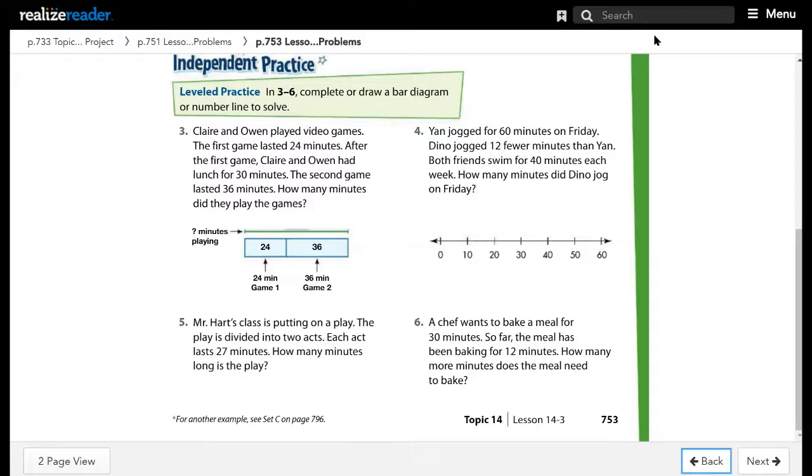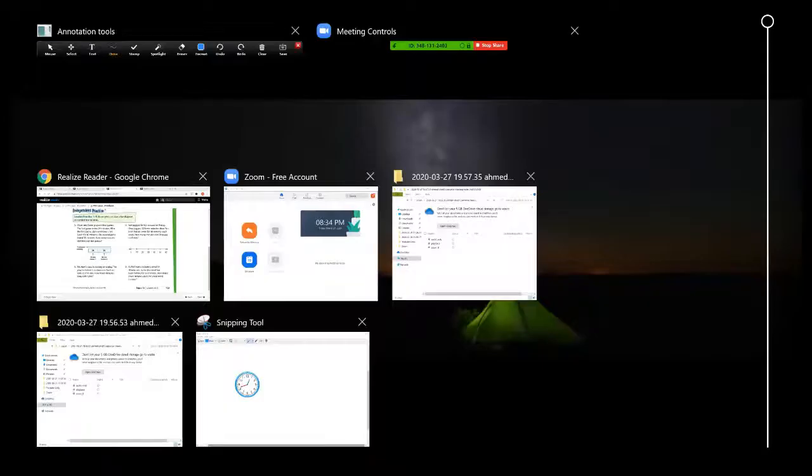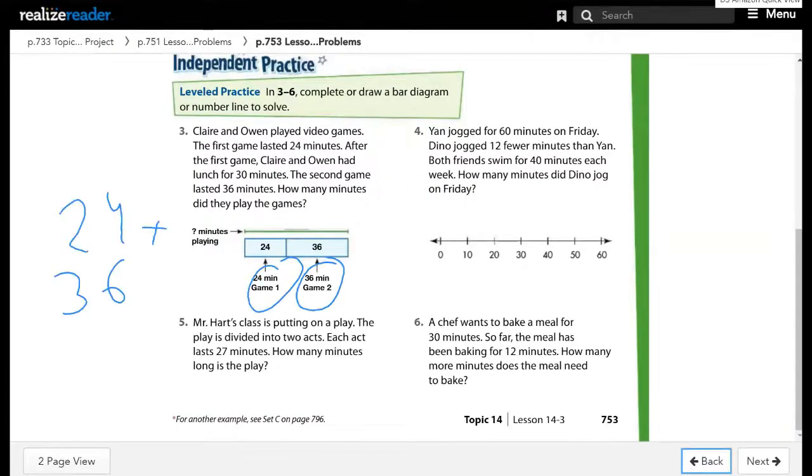So 24 minutes the first game, 36 minutes the second game. How many minutes do they play? We will add 24 plus 36. 4 plus 6, 10. 1 plus 2, 3 plus 3, 6.